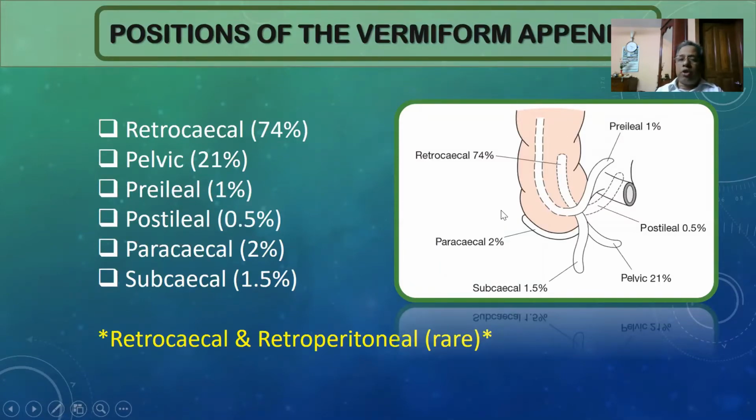That position plays an important role in locating the presentation of the patient and the location of the appendicular abscess. That depends upon the anatomical position of the appendix. For that reason, everybody must know the importance of appendix position.